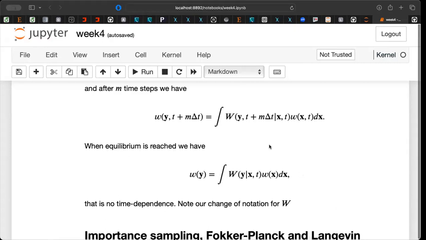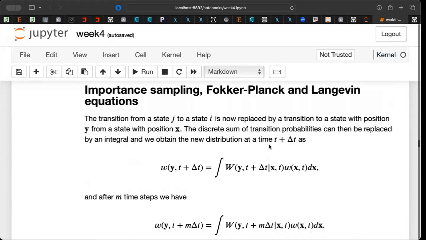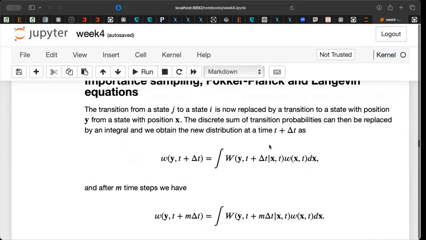Now, what comes now is a set of technicalities which are included in the lecture notes here. And what I wanted to start with a little bit is the basic assumptions which we've been having if we are looking at a continuous transition probability. So what we are saying now is that we are jumping from a time t to a time t plus delta t from x to y. We have an initial distribution here at a given time.